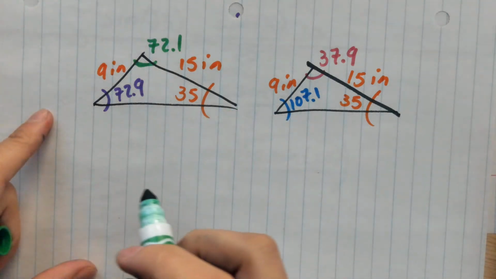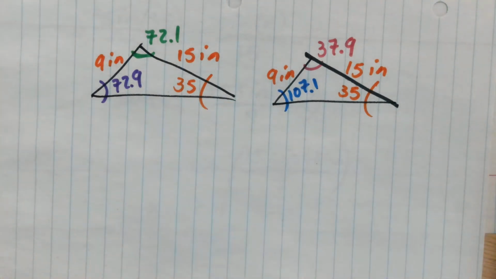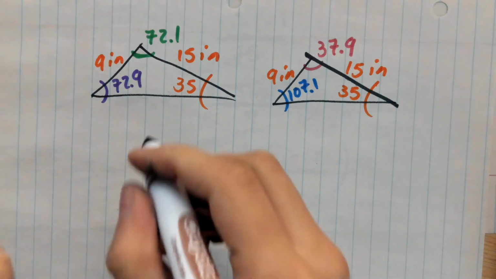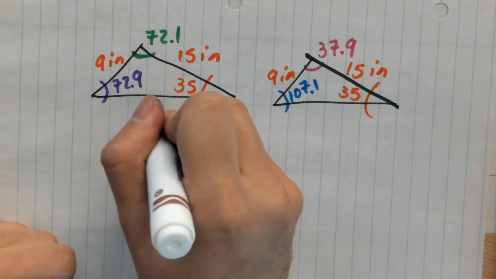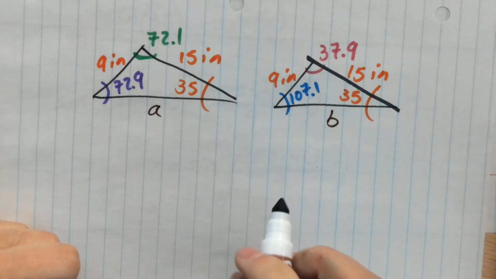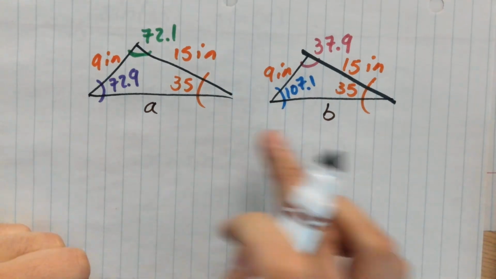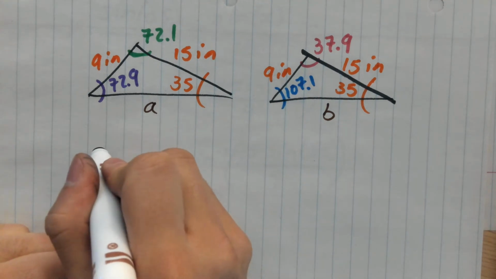I'll use brown. So let me label this one as A and this one as B. I want to find these two side lengths, so I'm going to have to use the law of sines.